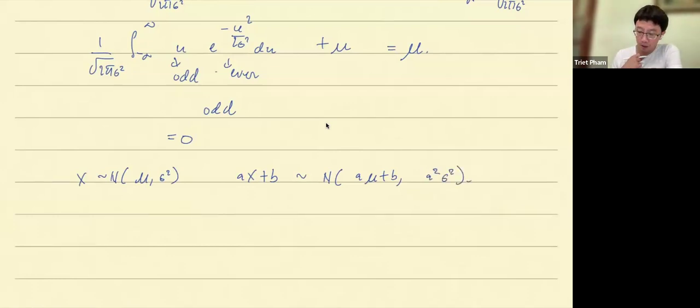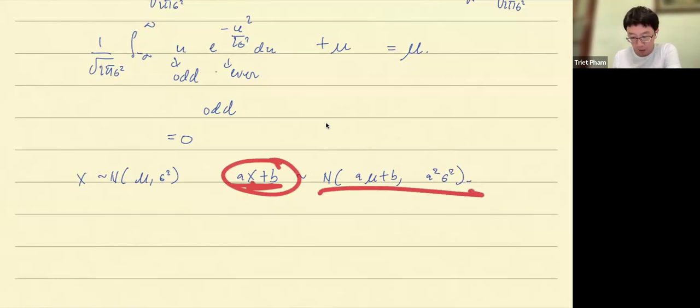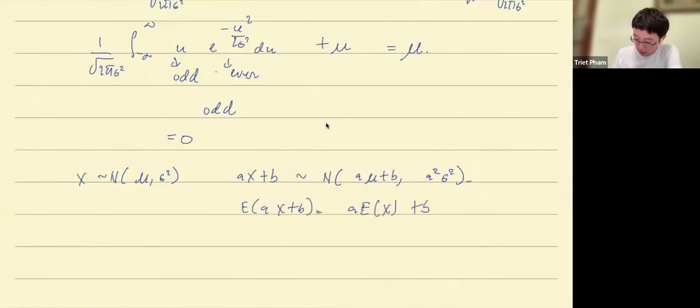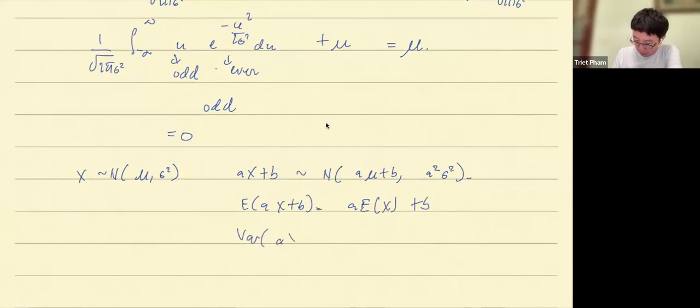So a linear transformation of a normal remains a normal random variable, with the mean being this, because that's just how expectation works. Expectation of ax plus b is a times expectation of x plus b. And that's also how variance works, because variance of ax plus b is a squared variance of x. So that's sigma squared right there.